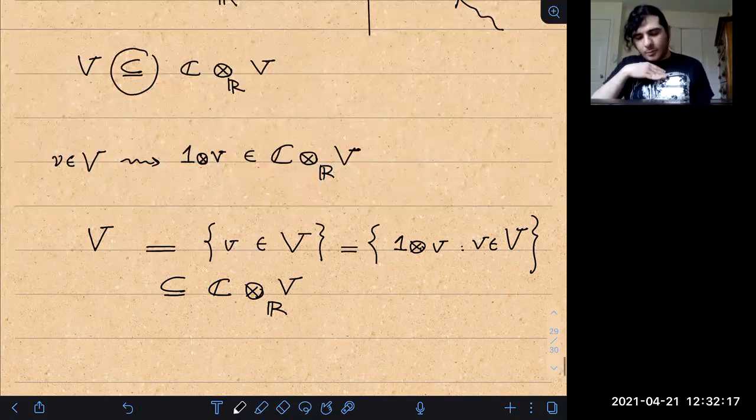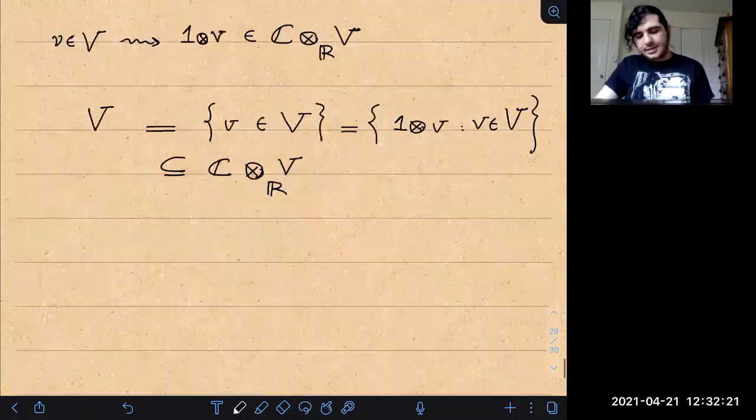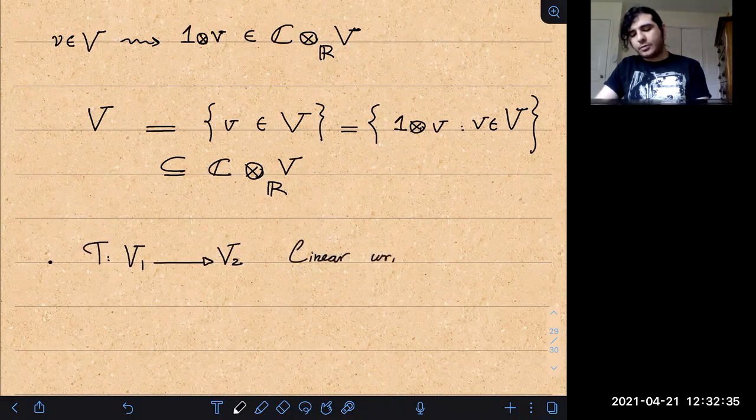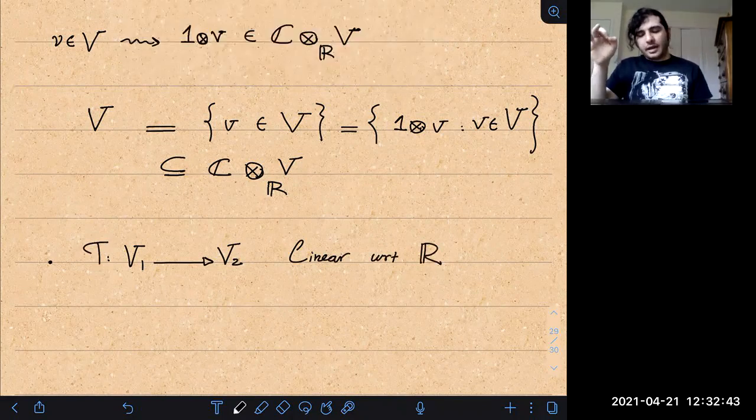One of your homeworks, I think, has a question you are supposed to think about. If you have a map T between two vector spaces over R, V1 and V2, which is linear, and when we say linear, we mean linear with respect to R. Actually, this induces a linear map over the complexified spaces.